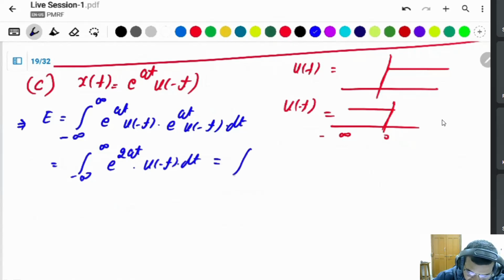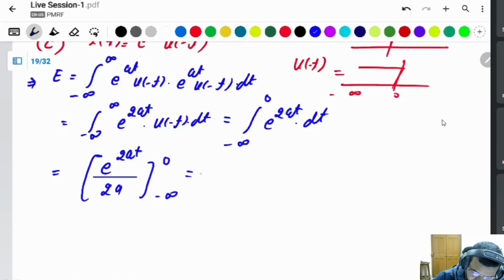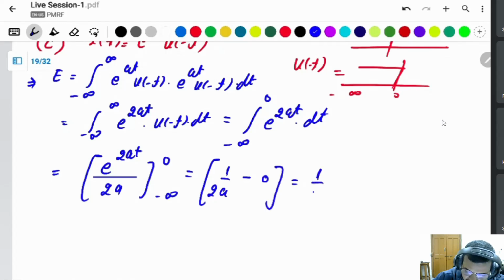The limit will be changed from minus infinity to 0 for u of minus t, e power 2at dt. Then what is the integration of this one? e power 2at divided by 2a from minus infinity to 0. Putting 0 gives 1 by 2a, minus putting minus infinity gives 0. The value is 1 by 2a.